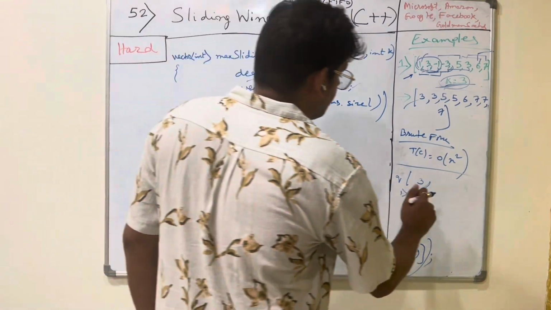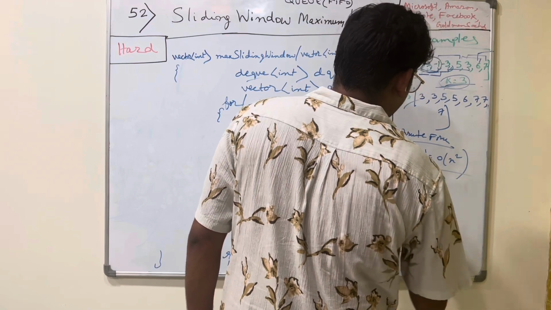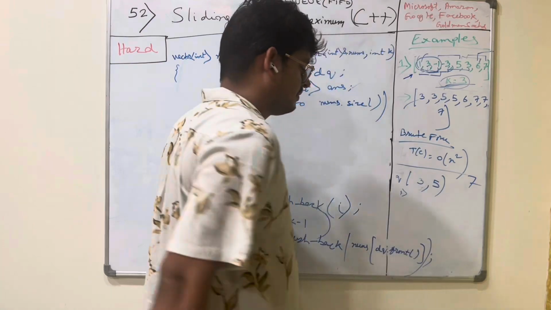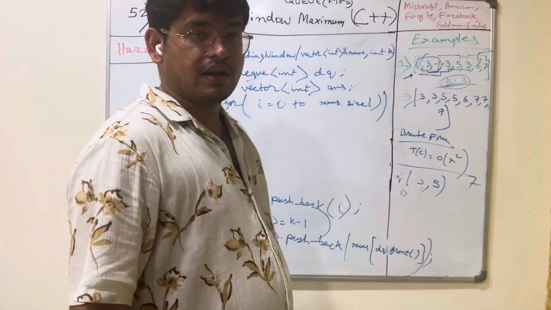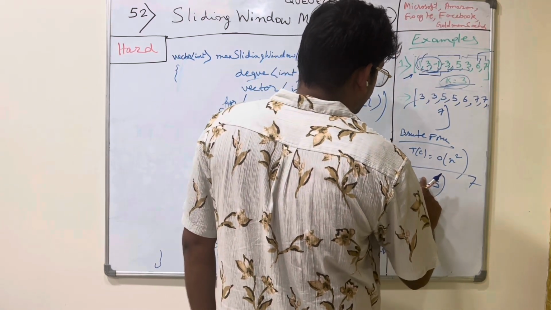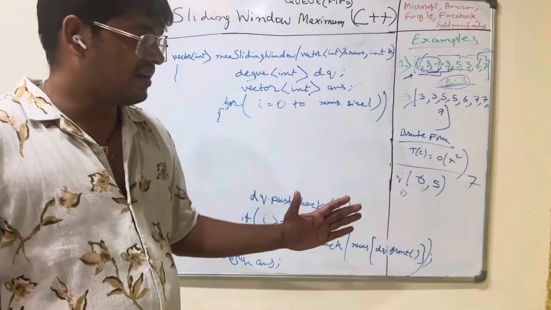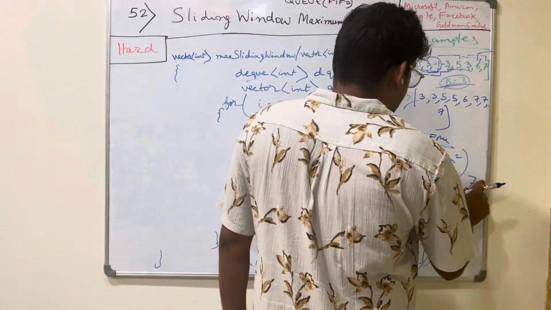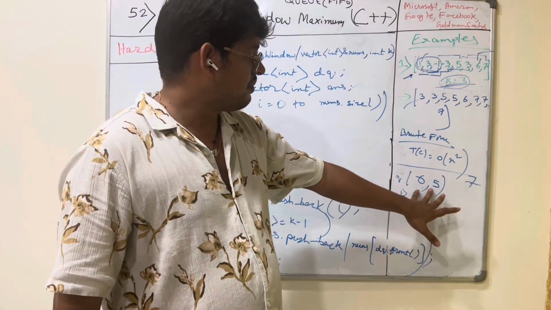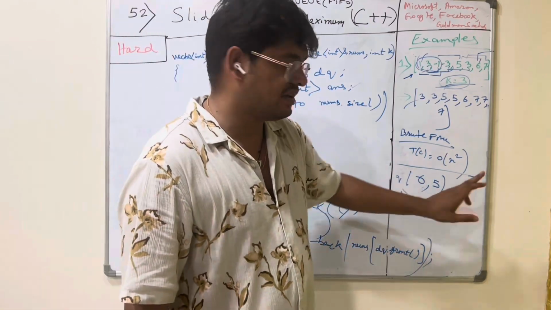Suppose our queue contains 3 and 5, and now we got another number 7. Actually our queue won't contain 3 and 5 because the max would be at the front, so it would be say 6 and 5. Now when 7 comes, do we need these elements? 7 can't be at the back because 7 is the biggest one.